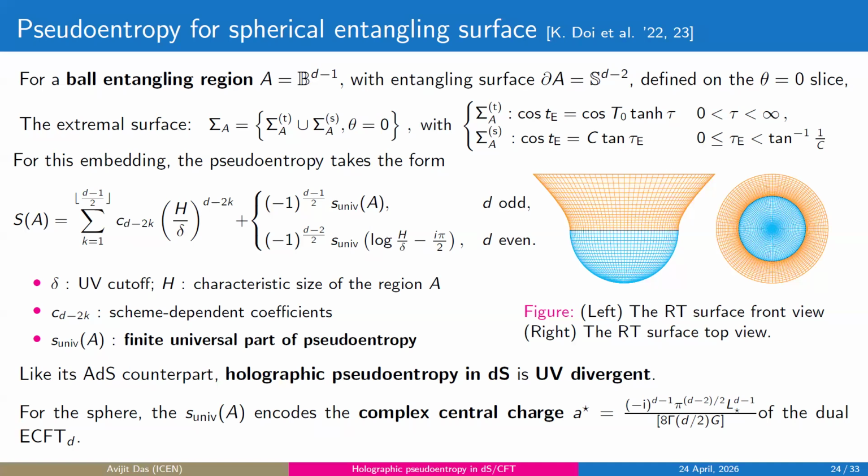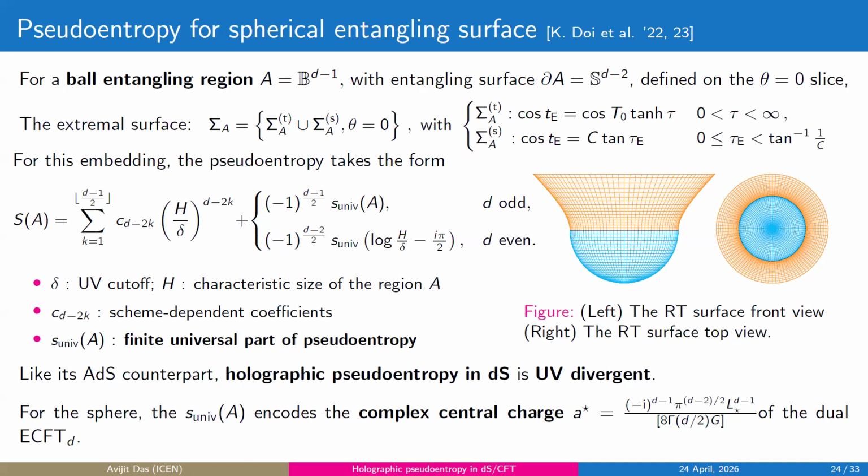So it does not depend on the cutoff; whatever your delta is, it will always be there. And you see, for the odd and even dimensions, you have a log divergence. This is similar to entanglement entropy, but with an extra i pi by 2 because of the Wick rotation of the intervals. So this is the pseudoentropy for a spherical region in dS/CFT.